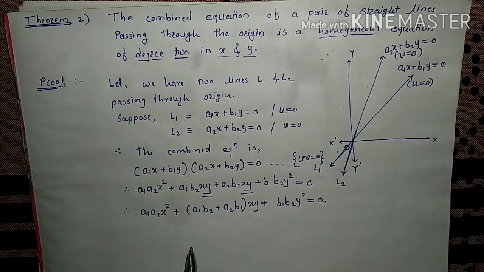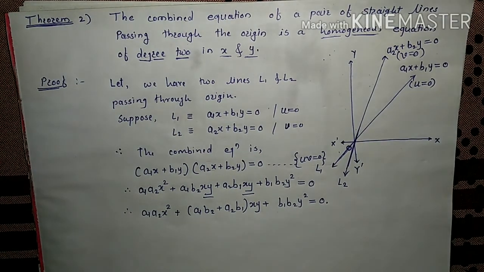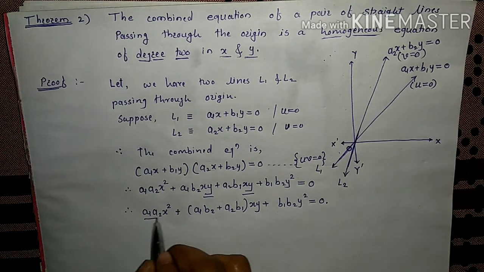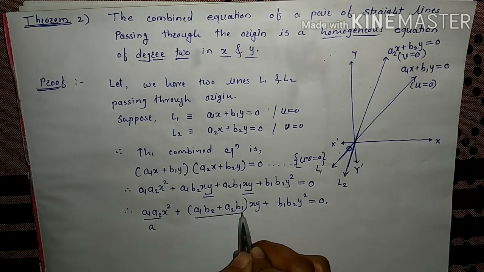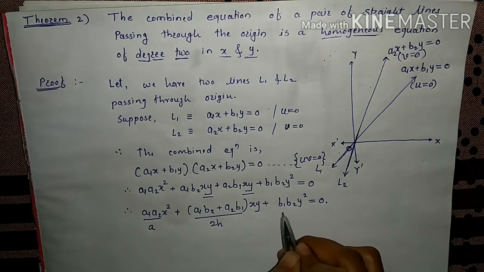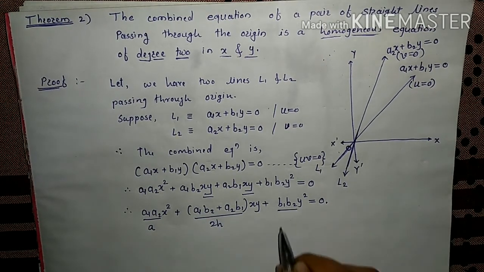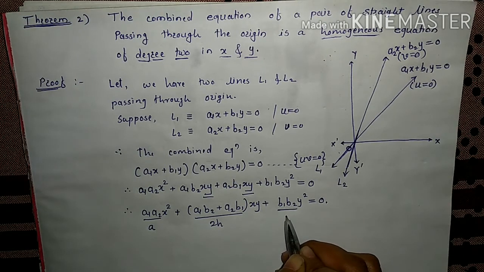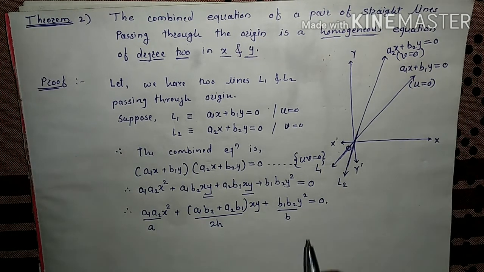This is just simplification. Now instead of a1 a2, put a, instead of this bracket put twice h, and instead of b1 b2 put b.